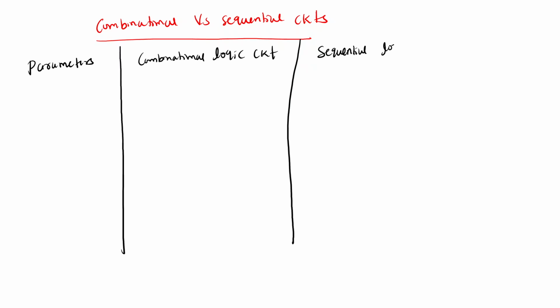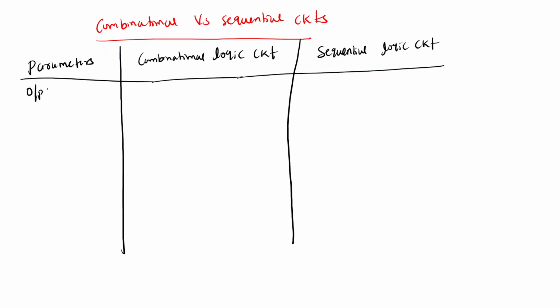The output of a combinational circuit depends on the present input, that is, on the present inputs at that instant of time only.